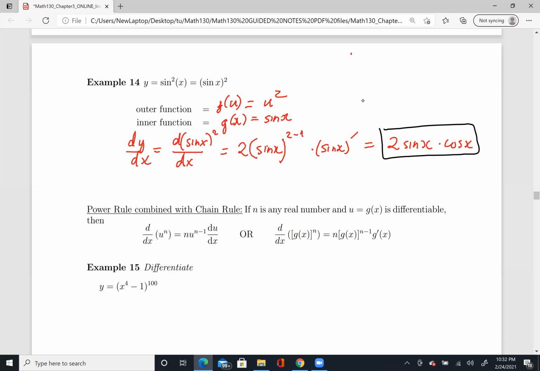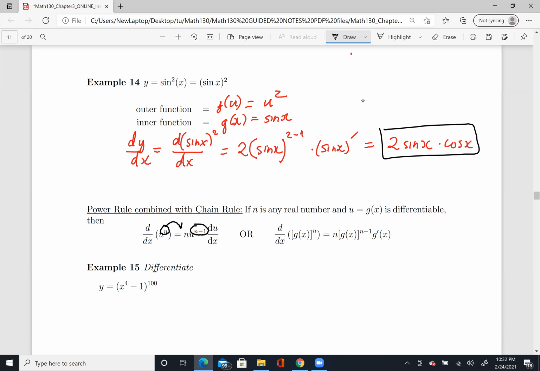If n is any real number and u is a differentiable function of x, then d over dx, or the derivative of u to the power n with respect to x, will be equal to, you see that, you still put down the n in front of u, and then you still have a power which is lowered by 1 unit, and then you multiply by the derivative of u with respect to x.